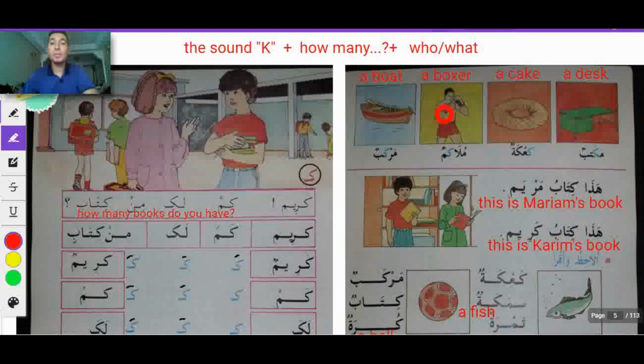So now we have two new words, and they both contain the letter k that we will be dealing with in this video, which is a boxer, mulakimun, and a cake, ka'katun.